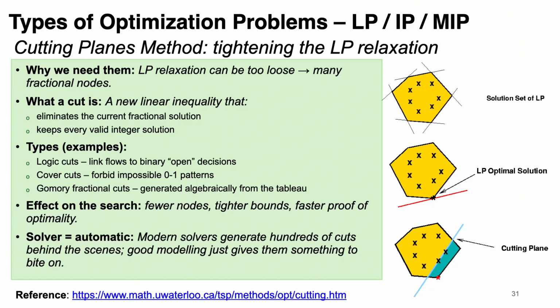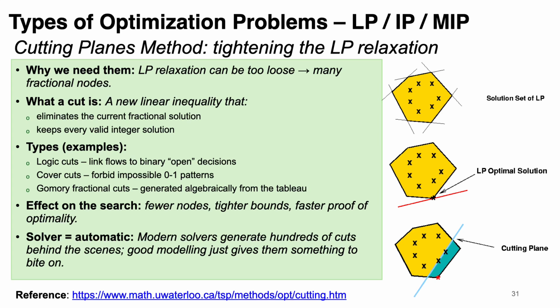To speed up these complex searches, Groby uses a technique called cutting planes. Sometimes the feasible region for an LP relaxation is too loose. It contains a lot of empty space that doesn't have any real integer points in it. A cut is a new linear equation that Groby adds automatically during the search.